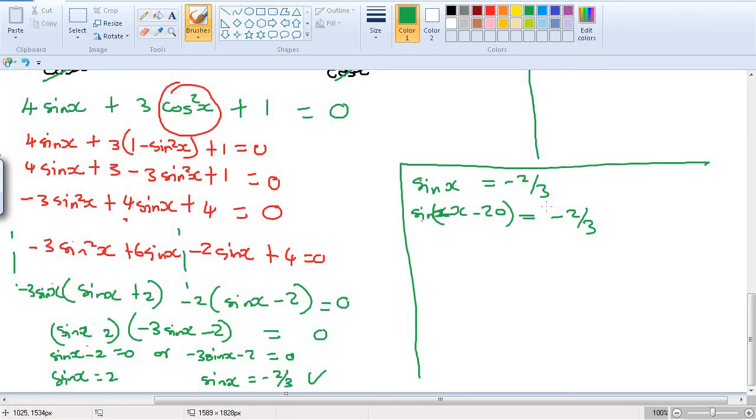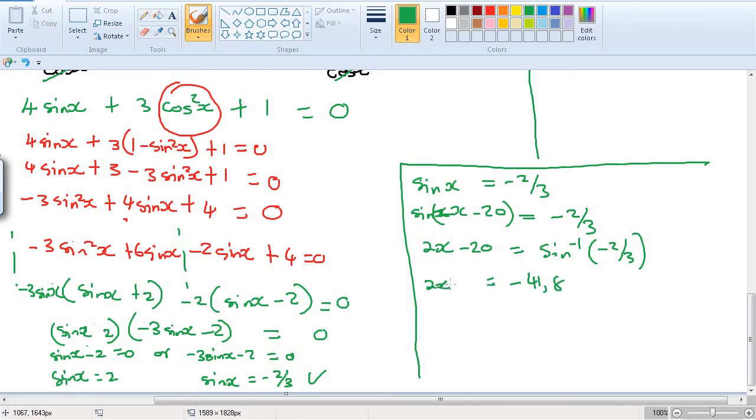So we take the arcsin of that: 2x minus 20 is equal to the arcsin of minus 2 over 3, which will give us minus 41.8 on the calculator.